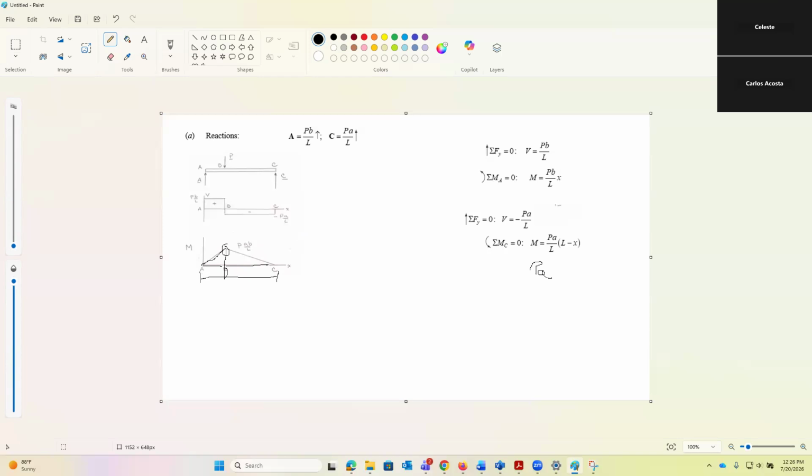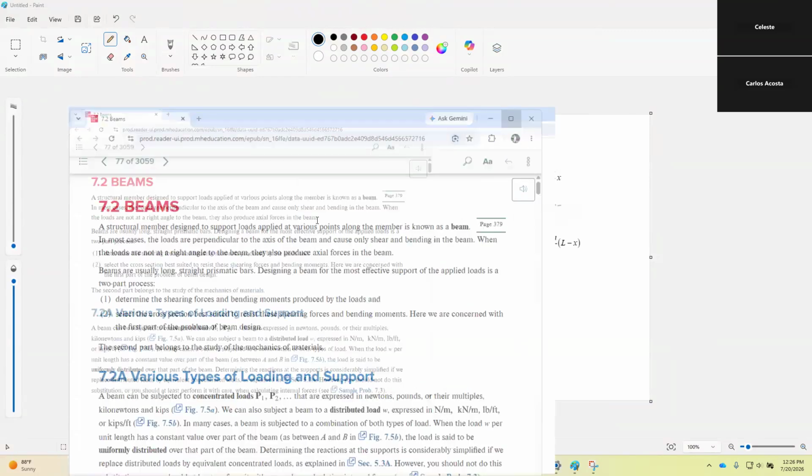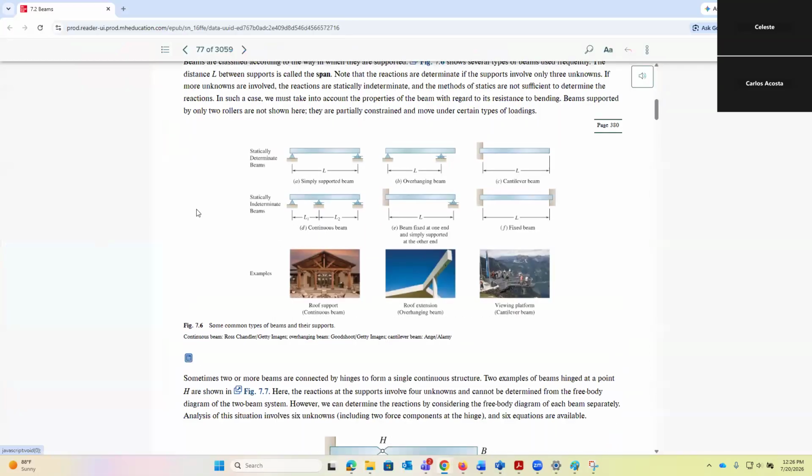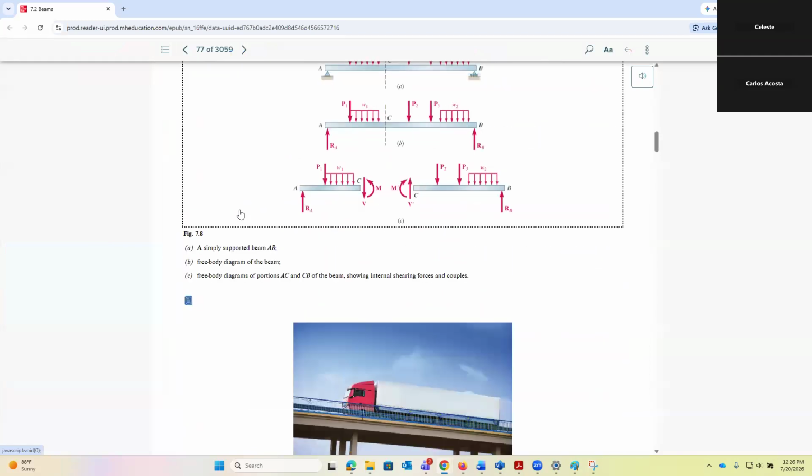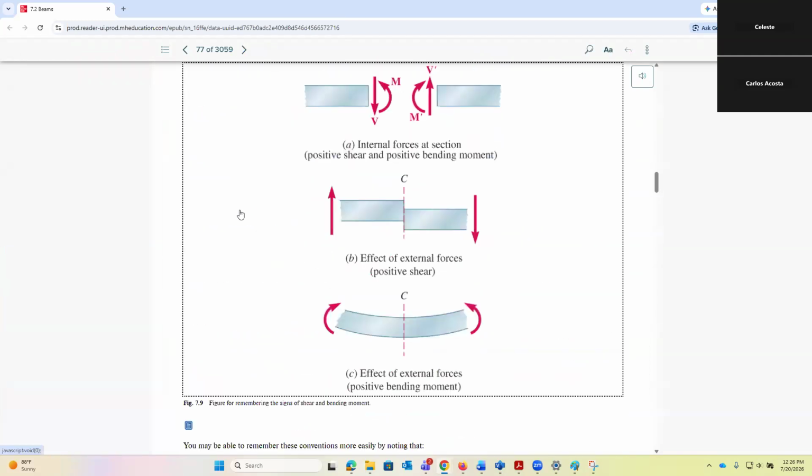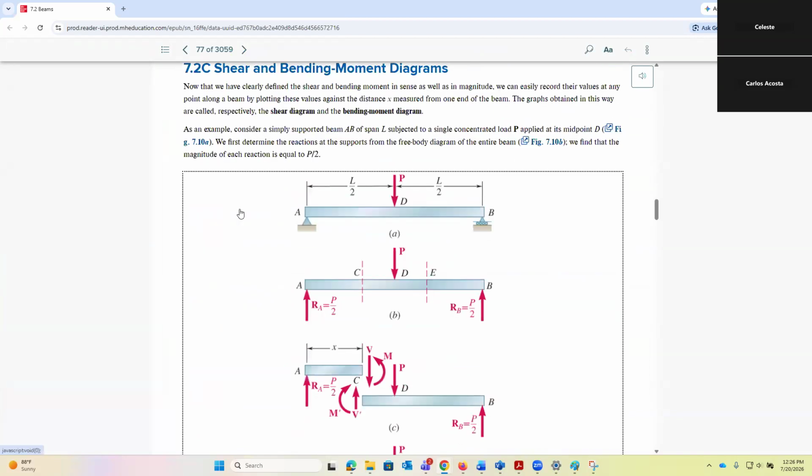Wait a second, why is that giving me... let me check something real quick. I need to make sure that I'm doing this part right. The moment is there.